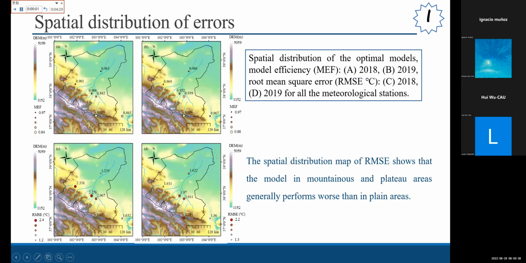The spatial distribution map of RMSE shows that the model in mountainous and plateau areas generally performs worse than in plain areas.